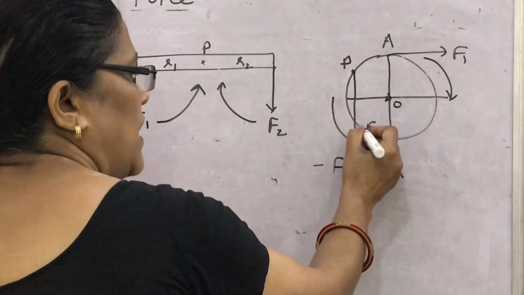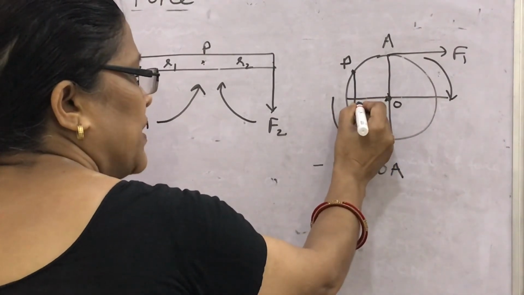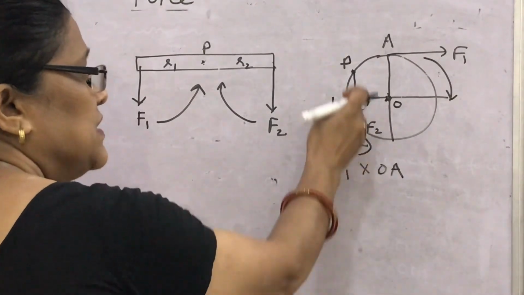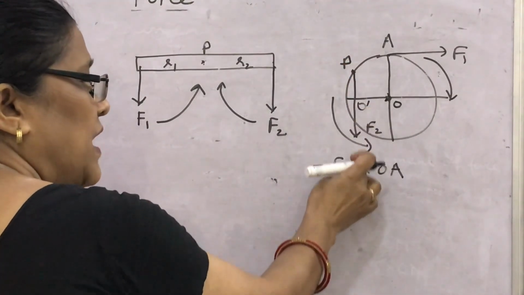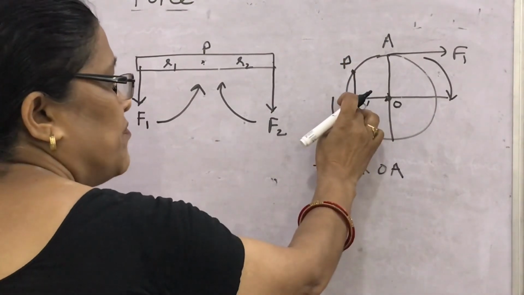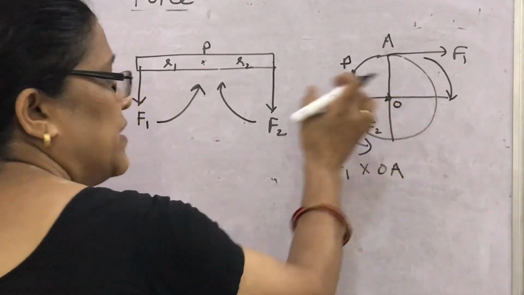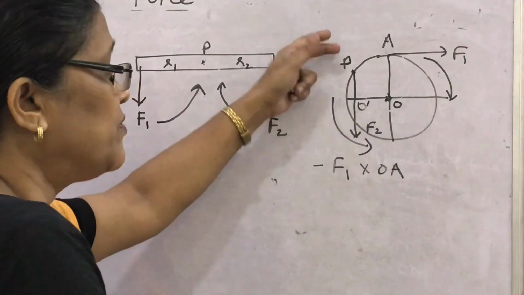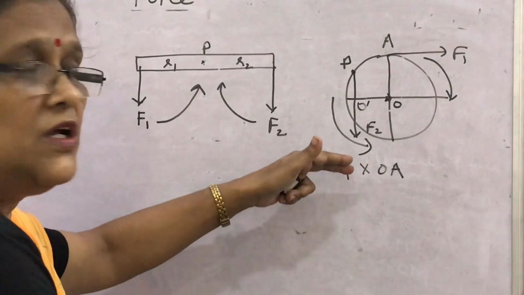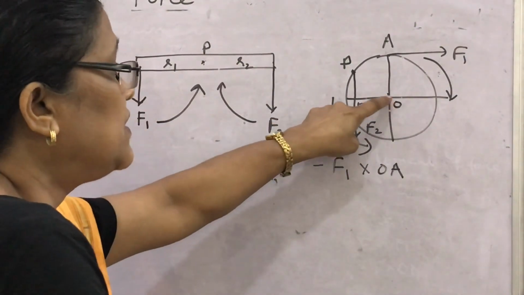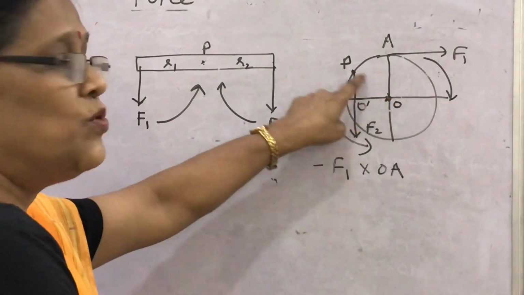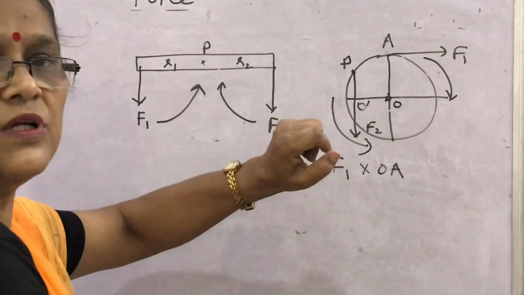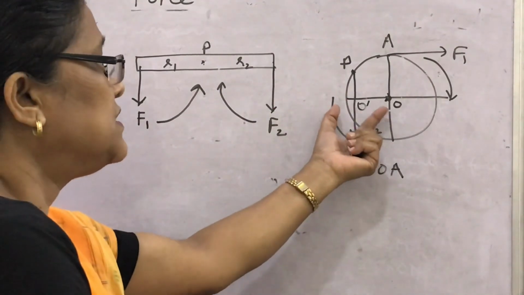And F2 into, suppose this point is O dash, then you know F2 is acting from P, but its line of action is at the perpendicular distance O dash. You will consider the perpendicular distance from the line of action of the force. Then never join this with this and take only OP, because this is not the perpendicular distance from the pivot to the force. Always the perpendicular distance is considered.